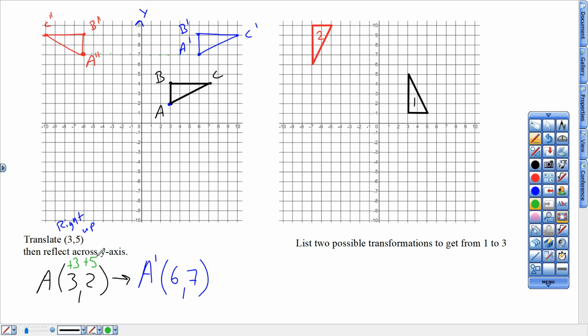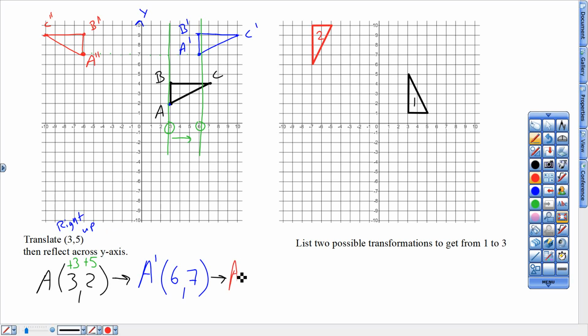Or the x number started here at 3 and then went up 3 more to get 6. That's where I got that number right there. And then, of course, the last one, going to the new A double prime.